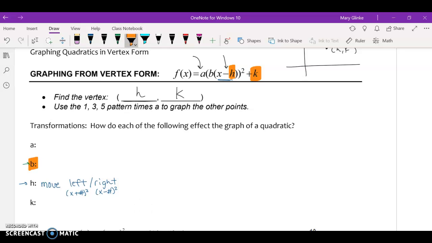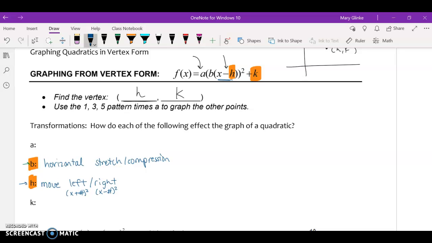So b and h change your x values, which means for your b value, that is going to be a horizontal stretch or compression. So it is getting stretched or compressed left to right. Now, since it's inside, anything that's inside does the inverse of what you think it should do.